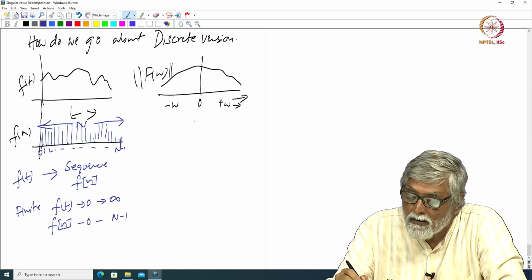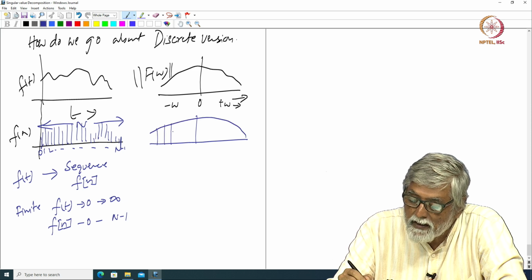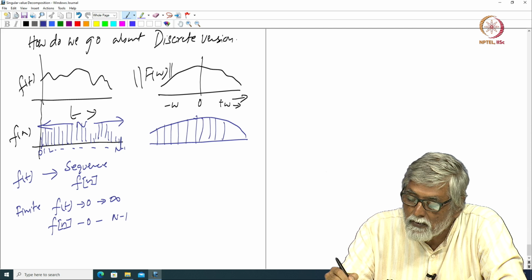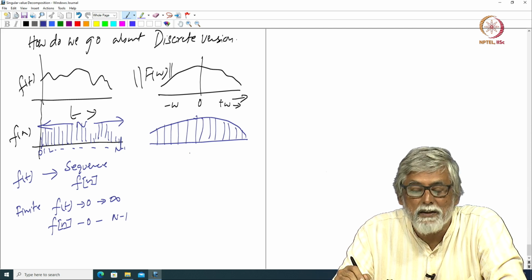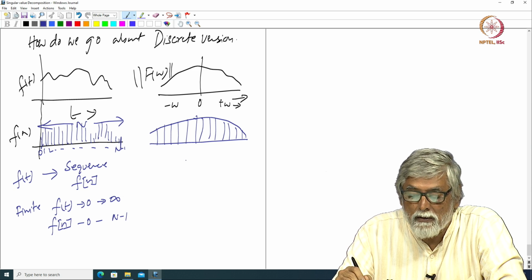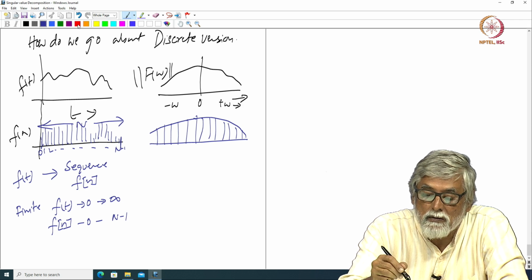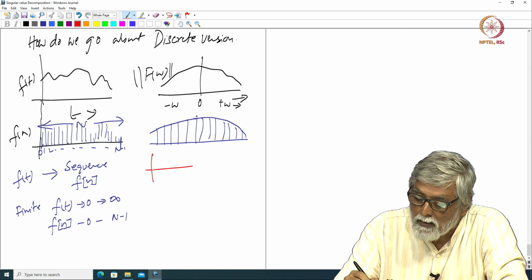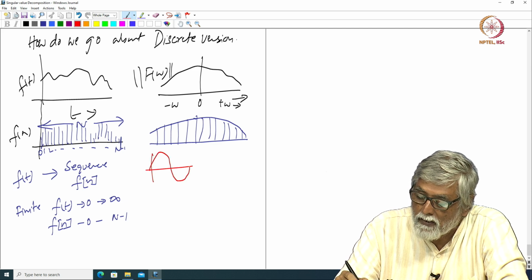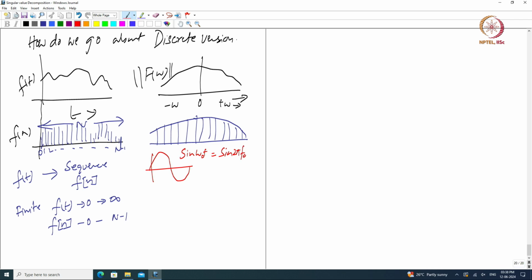This is on this side. On this side, I want to discretize this in frequency too. How do I discretize in frequency? For that, you recall the following. Suppose I have sine omega naught t, which is sine 2 pi f naught t.